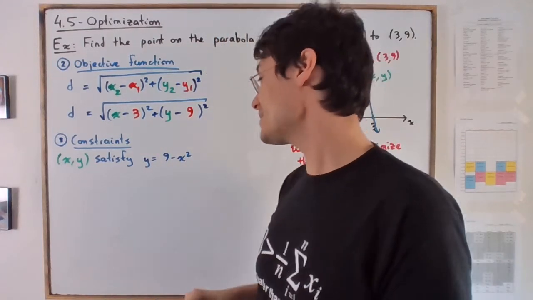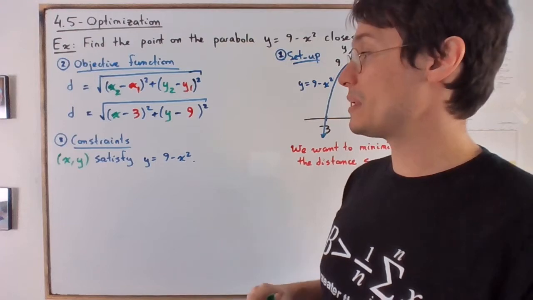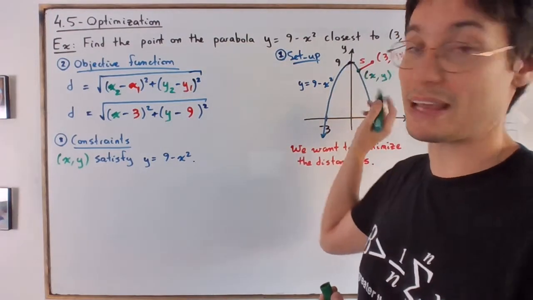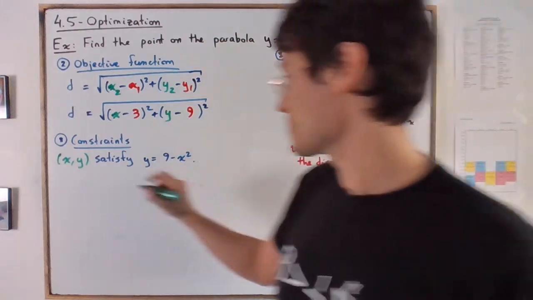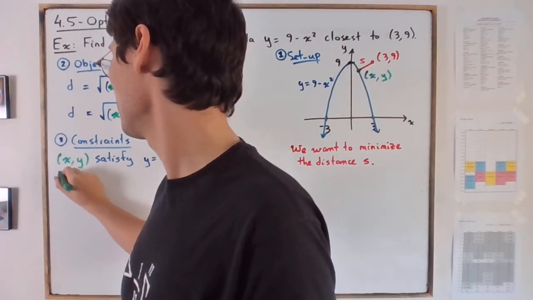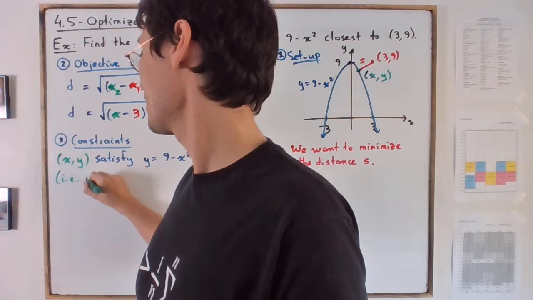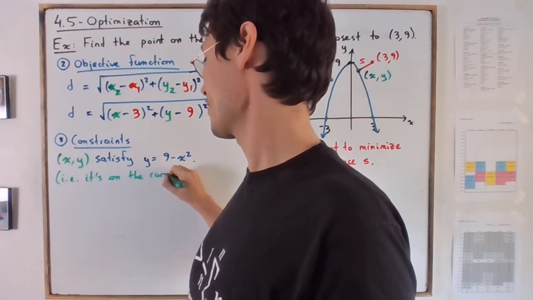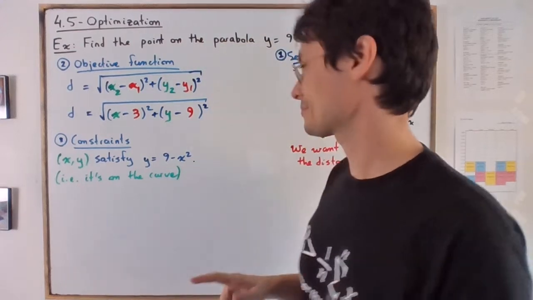This is very general in this type of problem: we are just saying that this has to be a point on the curve and not anywhere else in the blank space. So it's on the curve.